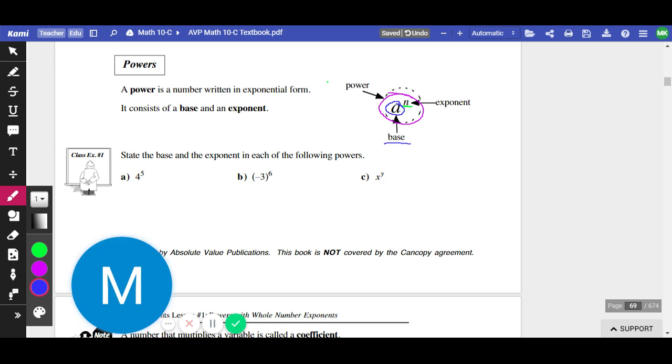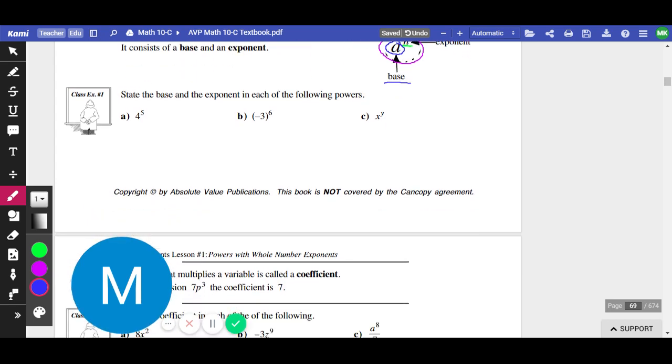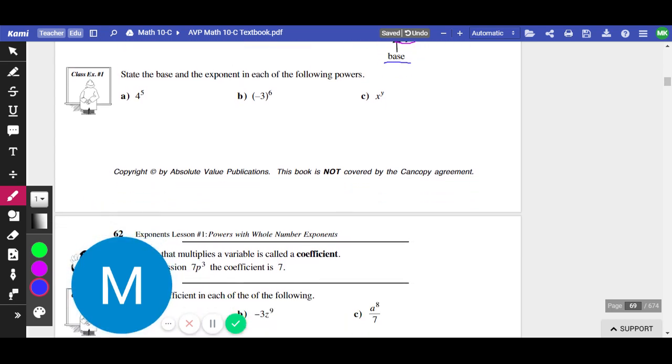Awesome. Quick example. A little quick hitter here. We look at these examples. The base of this thing equals 4. The exponent, I'm just going to go exp, is 5. Fantastic.